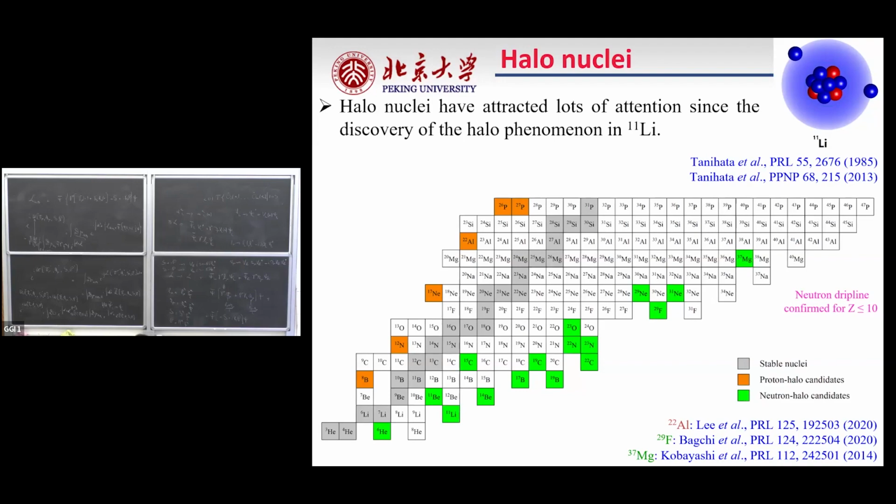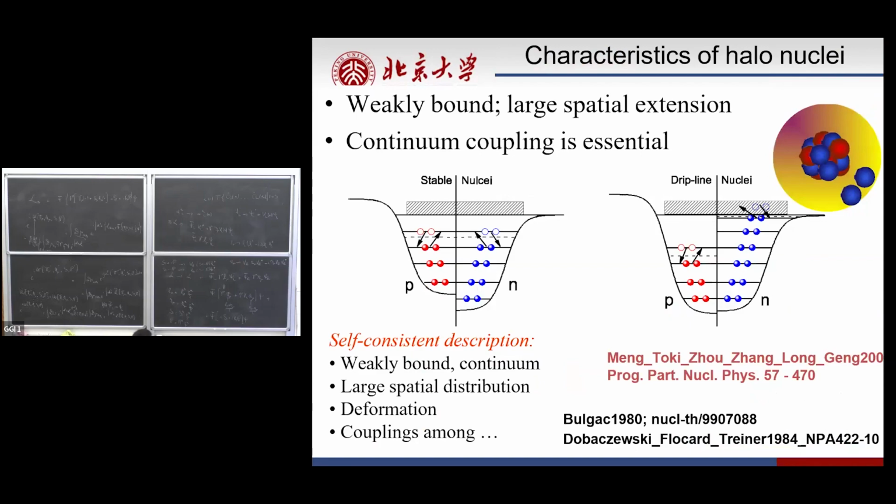And for theoreticians as well. So that is also the time when I studied to learn the relativistic mean field. We should see, for example, if we have a halo phenomenon, what is the feature of the halo nucleus?